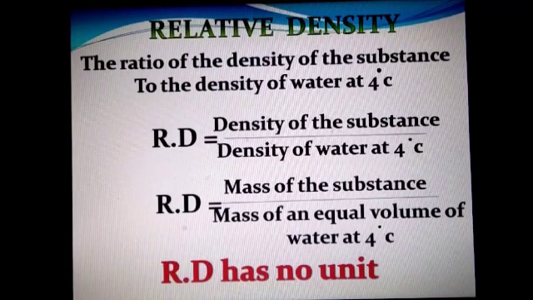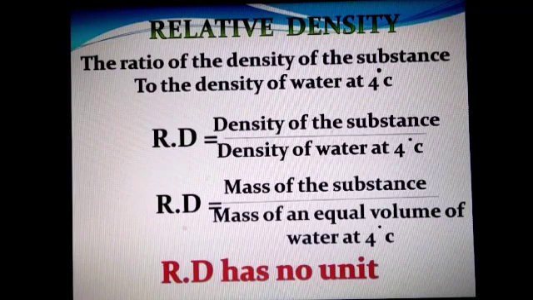Students, now we will learn what relative density is. We have read that the density of water at 4 degrees Celsius is 1 gram per centimeter cube or 1000 kg per meter cube.